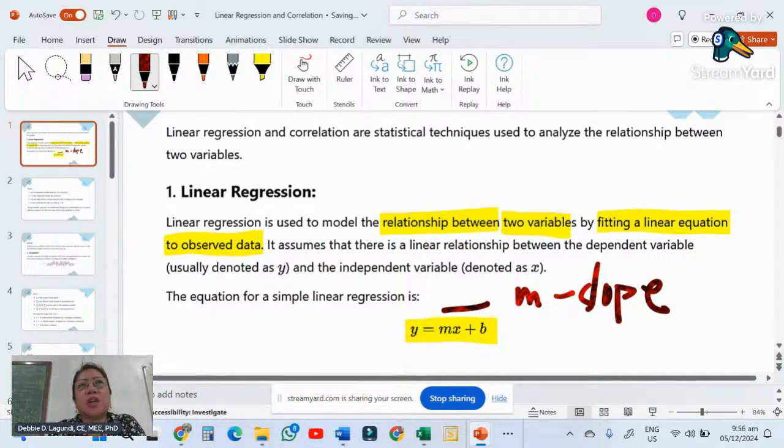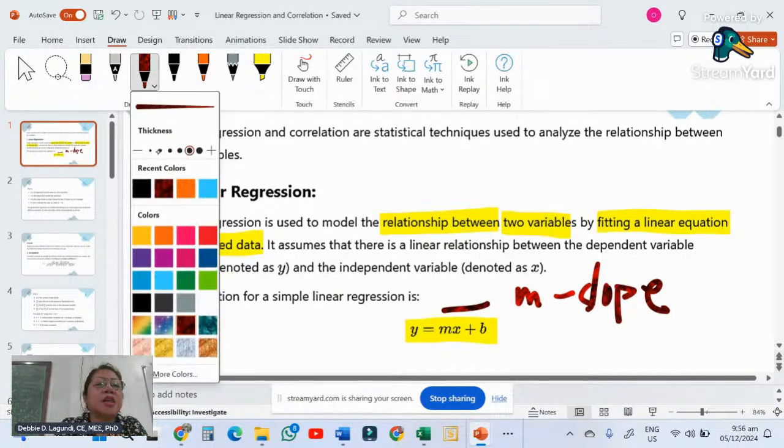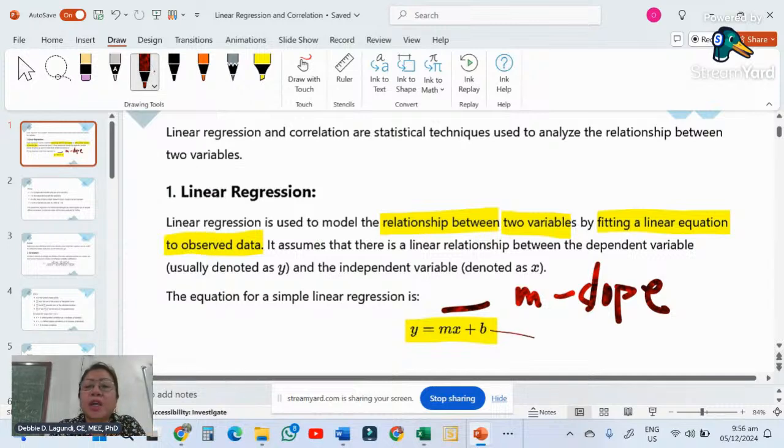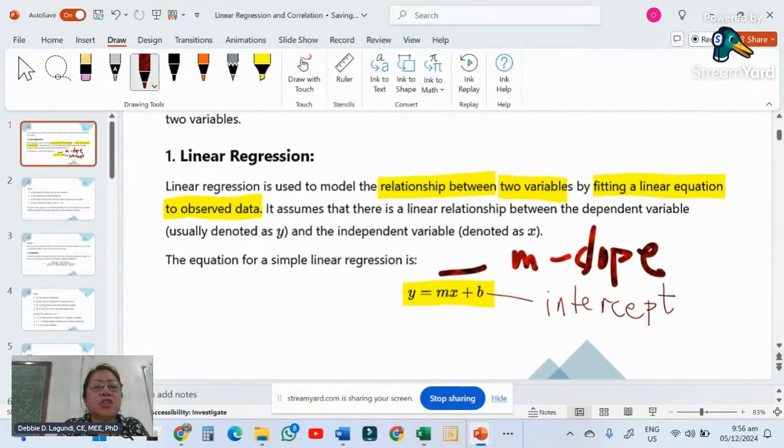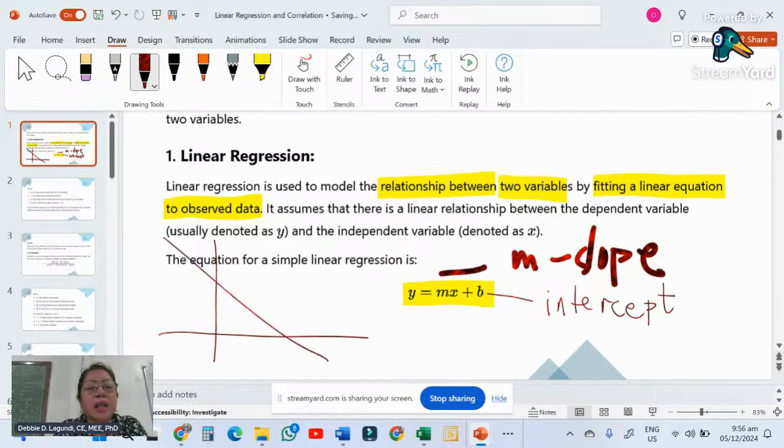There is a special equation for this, and the b here is the line intercept. If you say intercept, there could be two intercepts here. It could be an x-intercept or a y-intercept. If this is the graph and you have a line there, for example, this line has an equation y is equal to mx plus b.